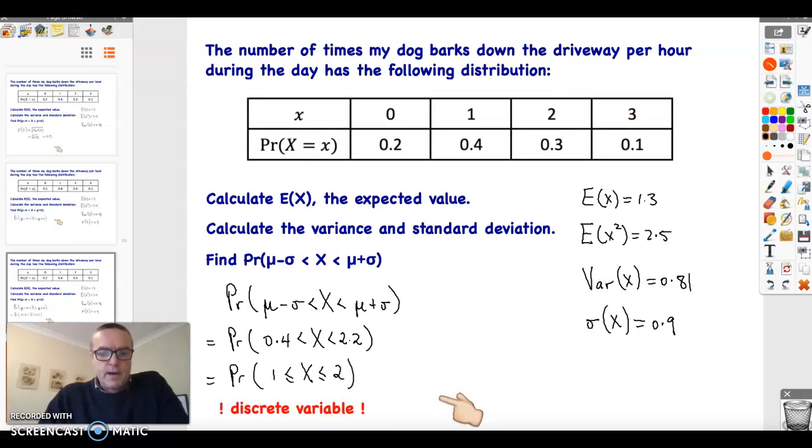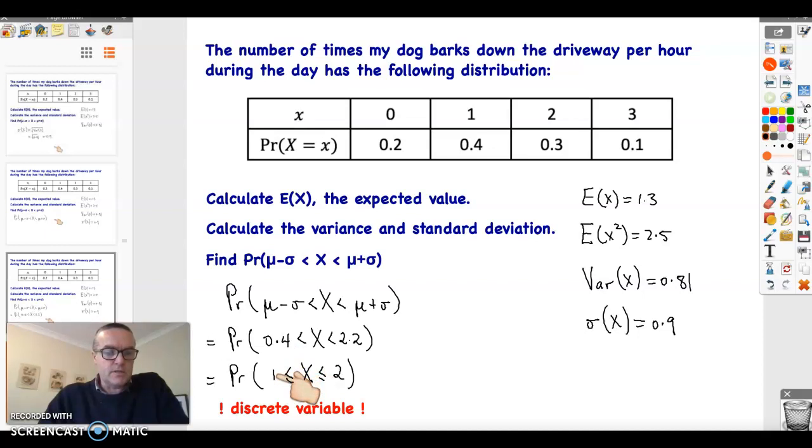So I'm going to simplify this statement here. So the probability that the variable lies within one standard deviation of the mean is equivalent to the probability that the variable lies somewhere from 1 inclusive up to 2. So the first discrete value that's greater than 0.4 is 1.